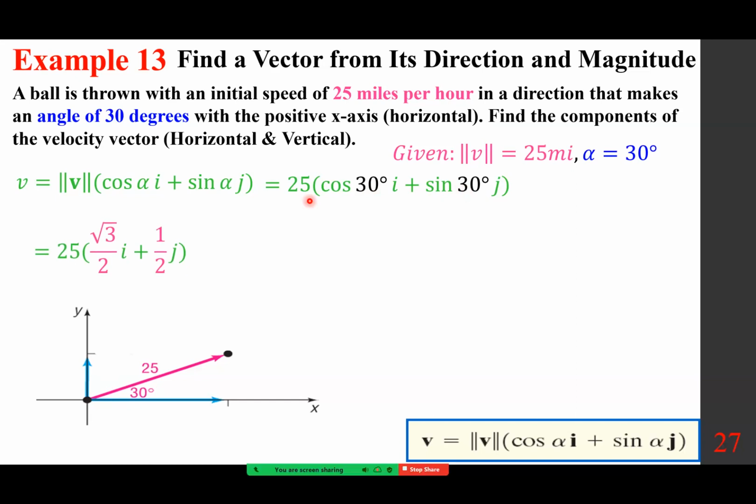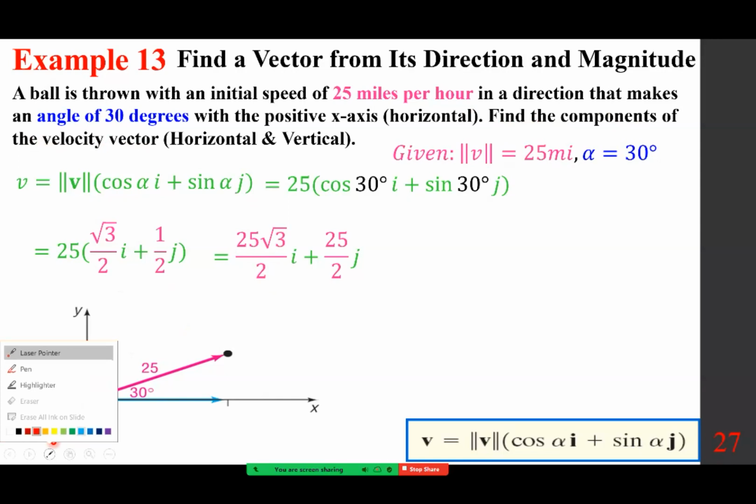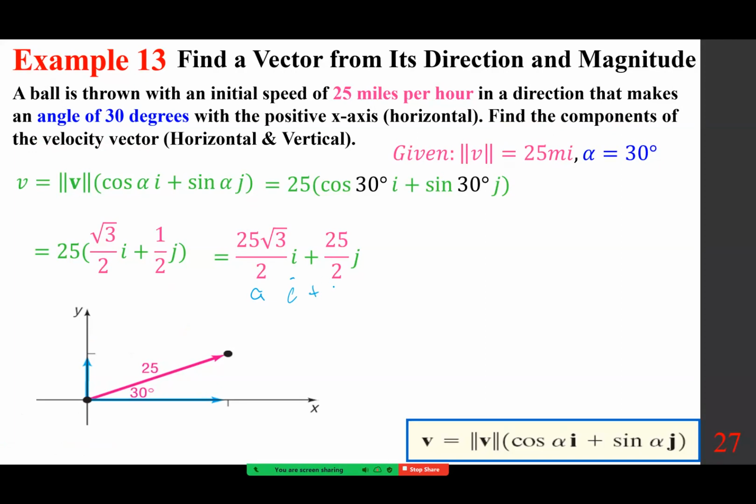So 25 times cosine of 30, which is square root of 3 over 2 i, plus sine of 30, which is 1/2 j. If we multiply, we get 25 square root of 3 over 2 i, plus 25 halves j. And we were to find the components. So the components are a i plus b j.